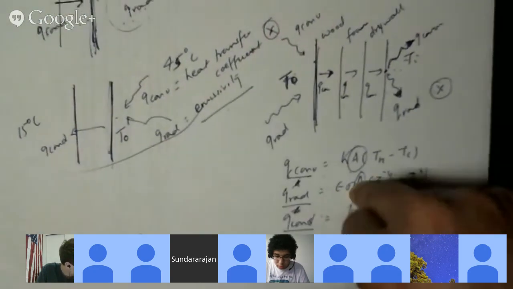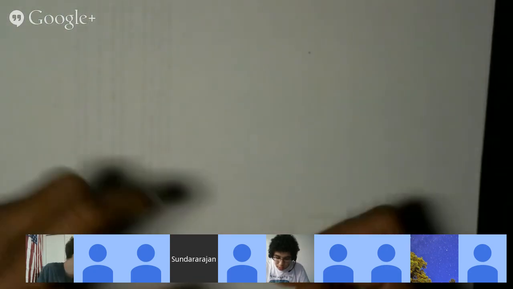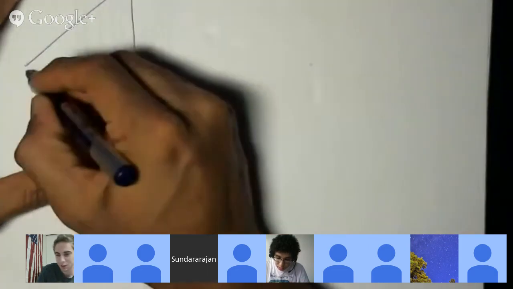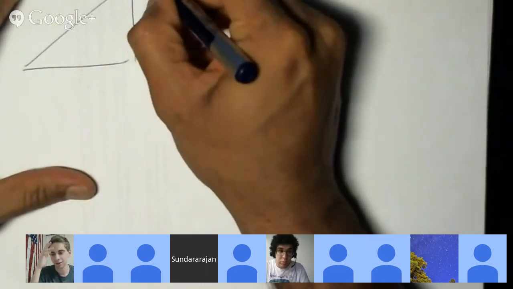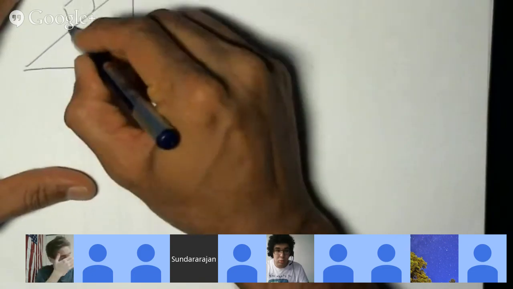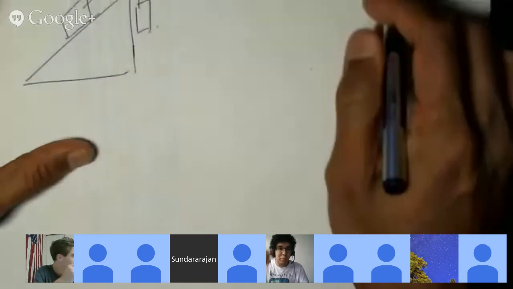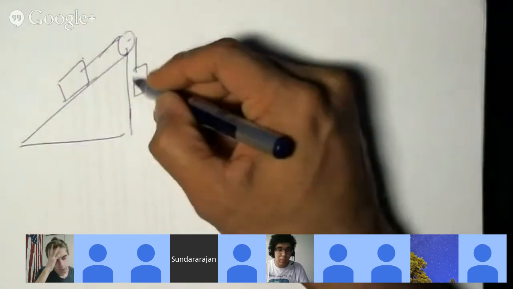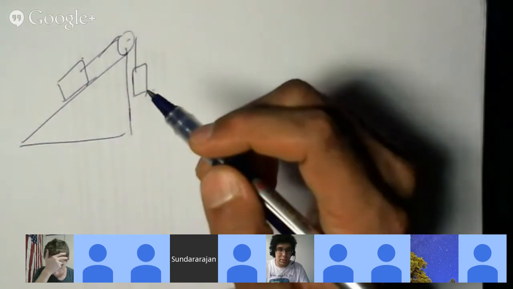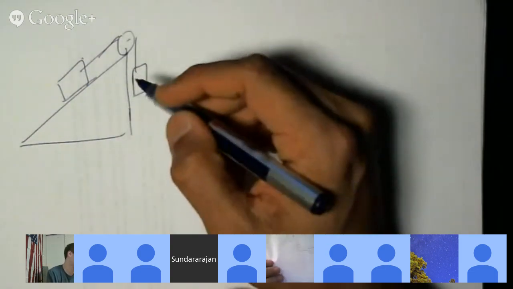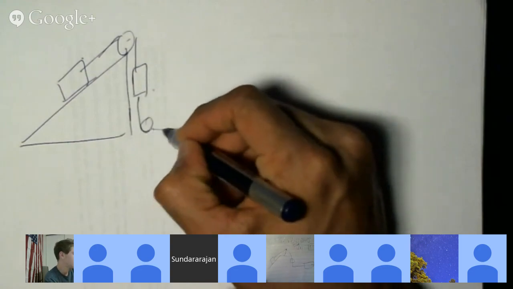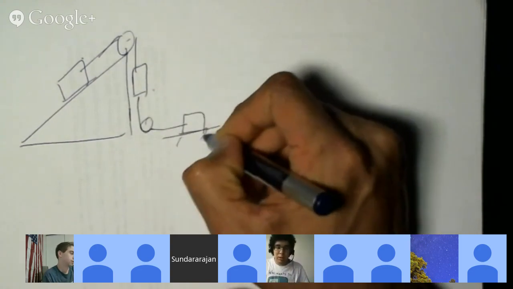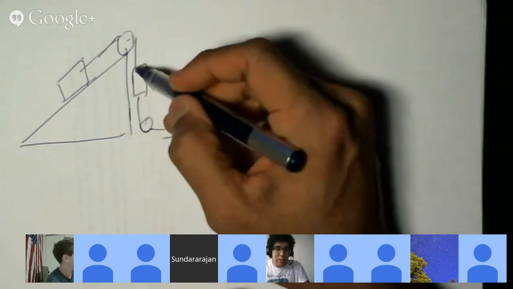I can draw it. Like this? Like that? Can you move the paper up? Yeah, and let's say there's a third mass there, so it's kind of like this. Like this? Yeah. How do you determine which way it's going to end up going?